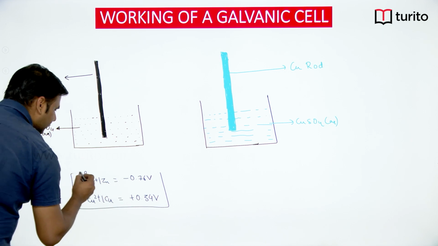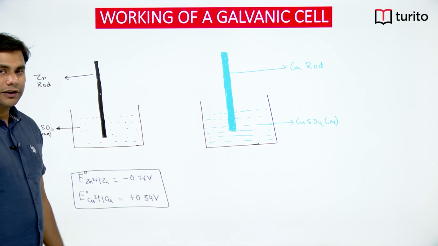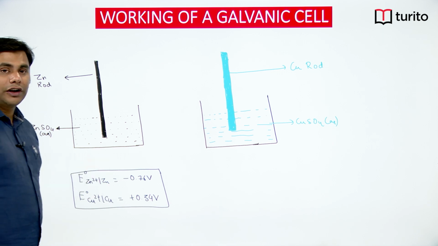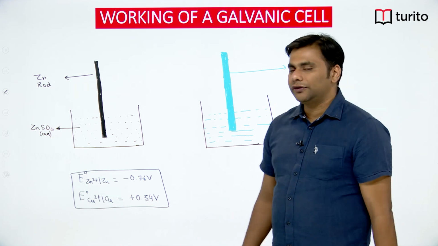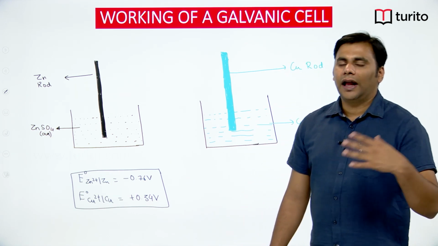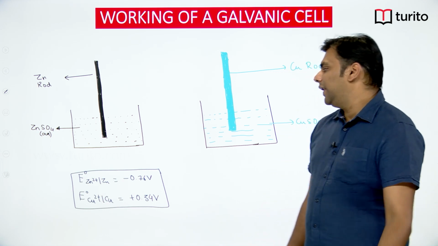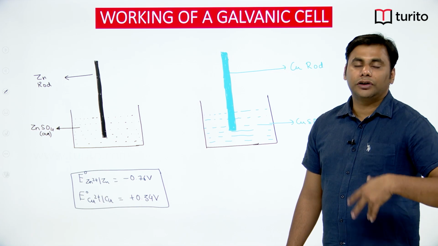So this data is known to us. Now we can see that the reduction potential of copper 2 plus is positive, whereas the reduction potential of zinc 2 plus is negative. So we can clearly make out that copper 2 plus would be reducing in this case. It will undergo reduction and change into copper, whereas zinc would undergo oxidation, because its oxidation potential would be positive.